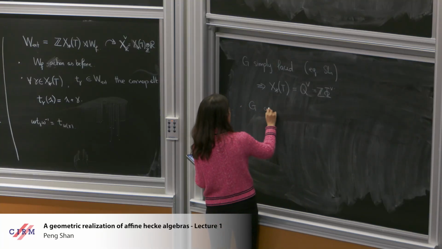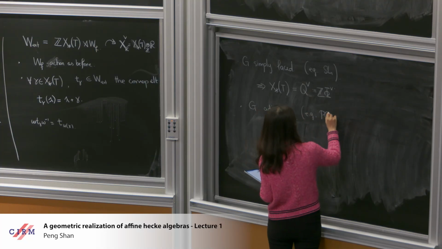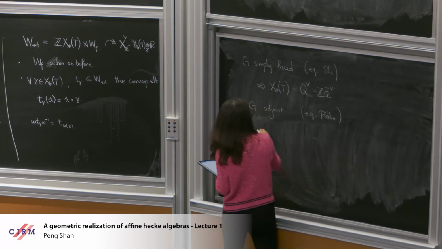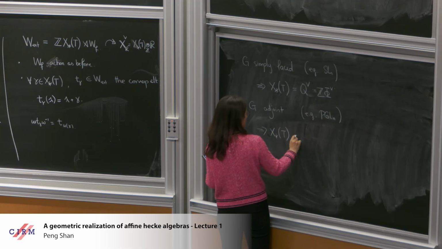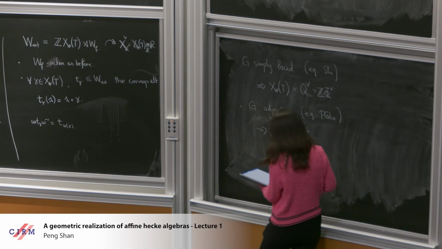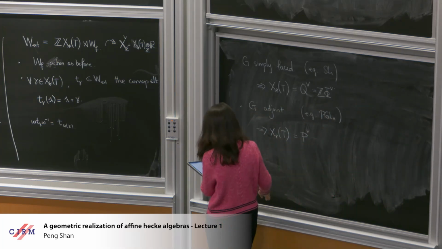But if G is of adjoint type, so if it's PGL_N, then this will be the coweight lattice, which contains the coroot lattice.